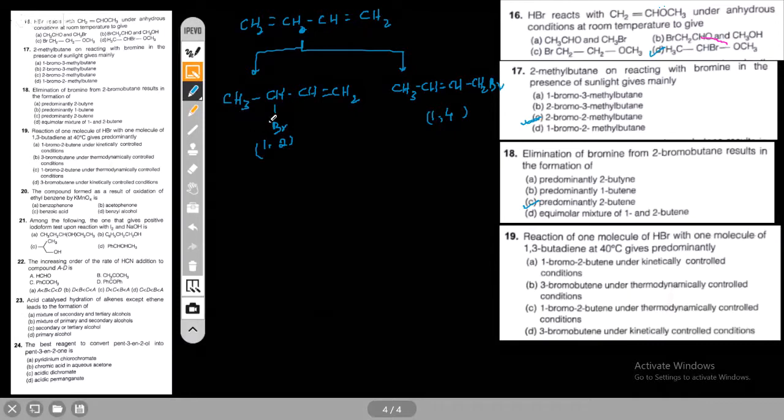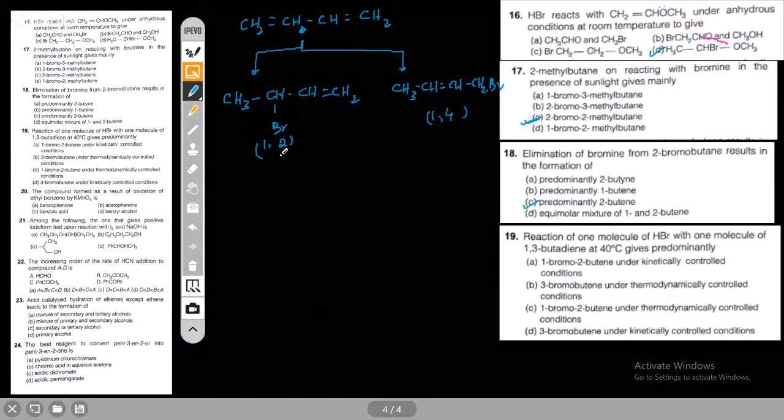Generally, this product is very less stable. Why? How will this H plus and Br minus attach over here? We'll get a negative sign here and a positive sign here, which means this pi electron will shift here. Then only. Correct.